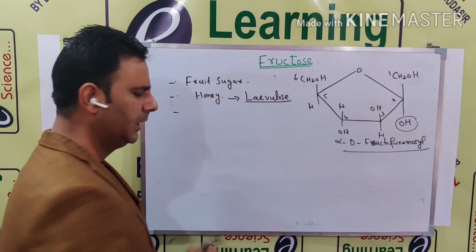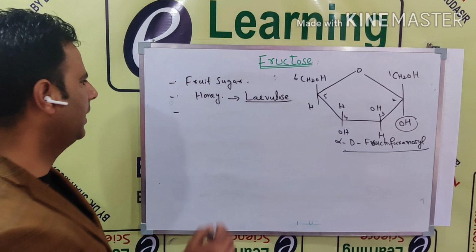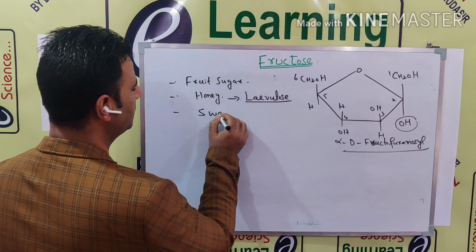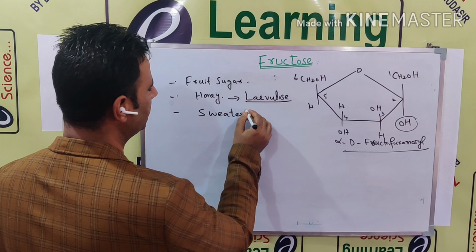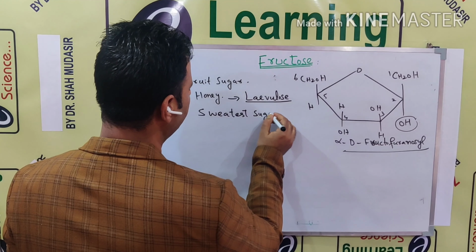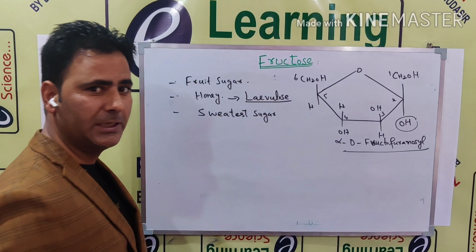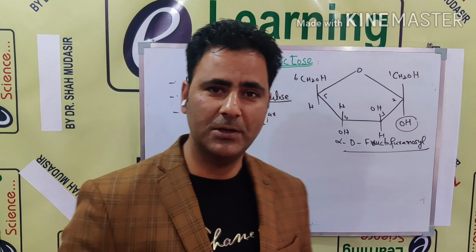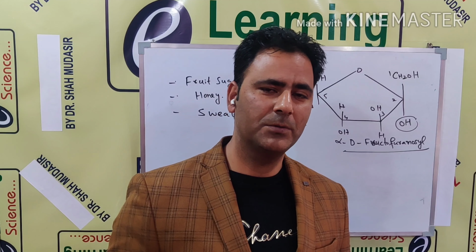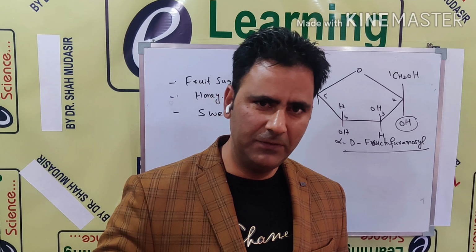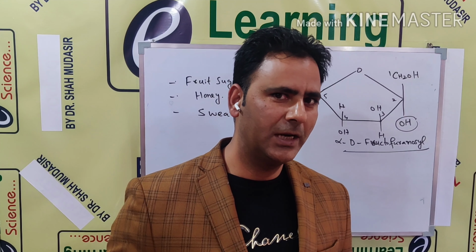And then fructose is the sweetest sugar among natural sugars. It is the sweetest sugar. Oh, yummy. I think it is good for outside people, not for Kashmiris, because we relish the taste of salt. We are very much fond of salt. We do not have a craving for sugar, but still we are diabetic.